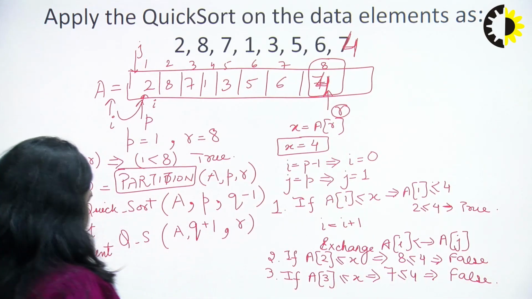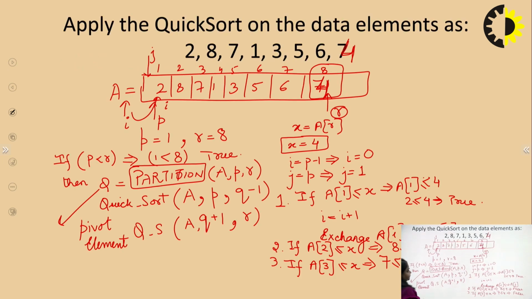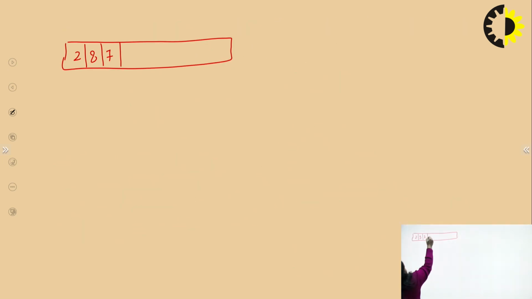So if we move further into this question, suppose this is an array: 2, 8, 7, 1, 3, 5, 6 and 4. As we have discussed, I is here.